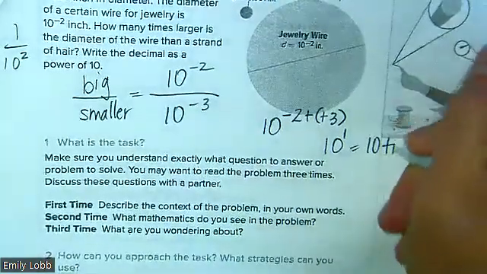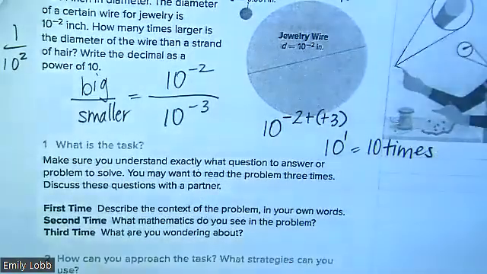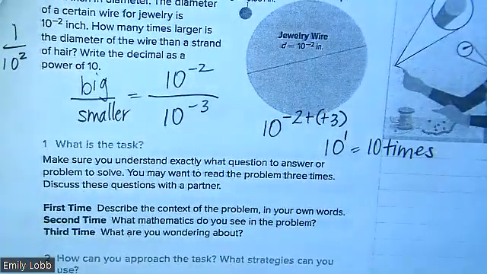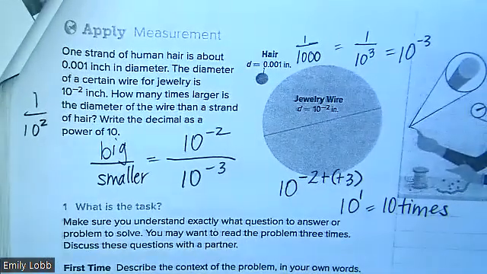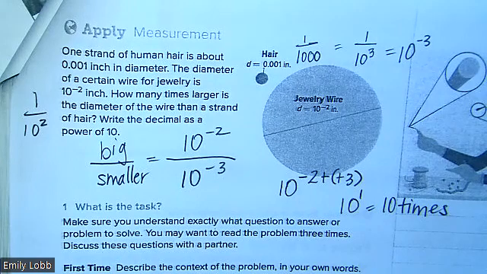So it's 10 times larger. Okay, do you see how this parallels our other apply problems from before? Before we were looking at floors and tiles. Bigger divided by smaller.